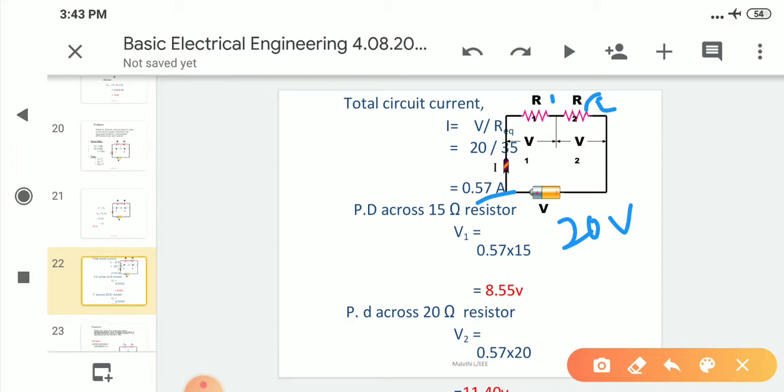Now we have to calculate the potential difference across this 15 ohms resistance and 20 ohms resistance. So 15 into I, which is 0.57, gives a product, and similarly for the 20 ohms.